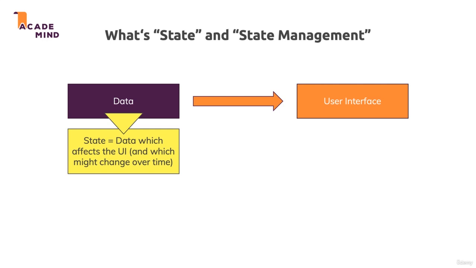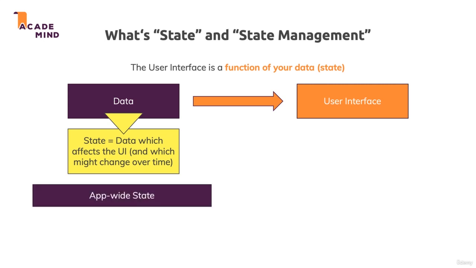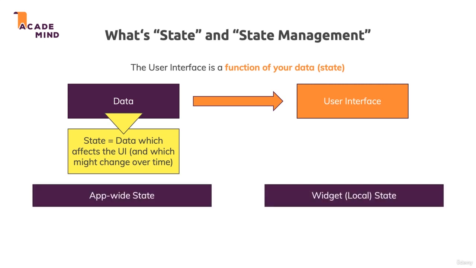The user interface in the end is just a function of your data or of your state, which means if your state changes, the user interface changes. Now for state, you have a couple of different kinds of state, and that's not a hard separation you have to learn. It's just helpful for understanding what I mean when I say state. We have application-wide state, and we have widget or local state.